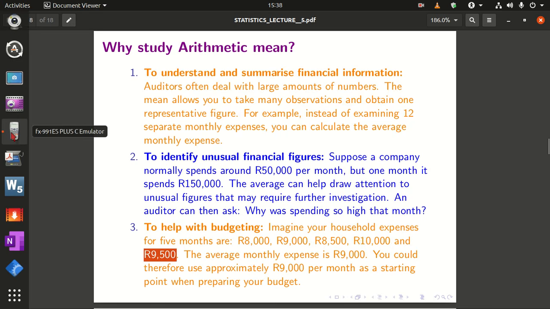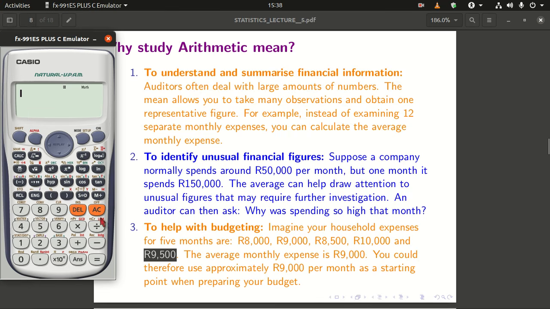Now, what an average is going to help you with, let's say I have this 8. You know how to calculate averages. I have 8,000 plus 9,000 plus 8,500. Not 85,000, delete that.